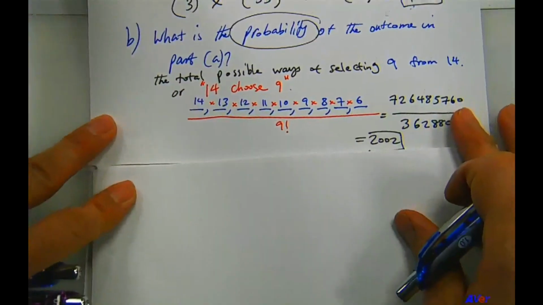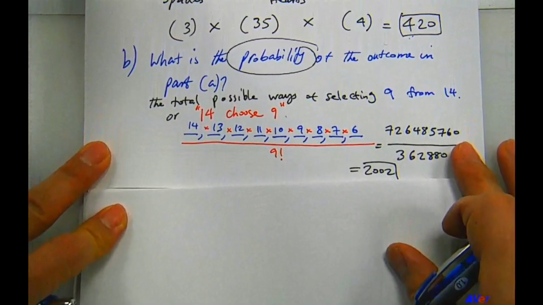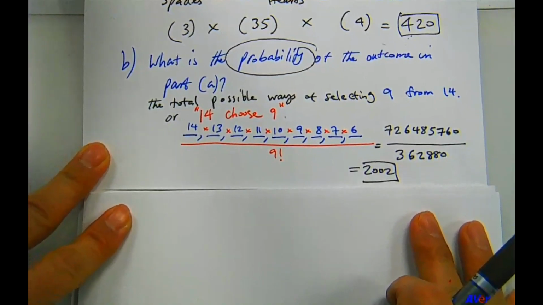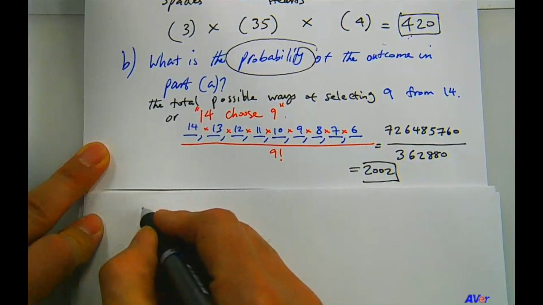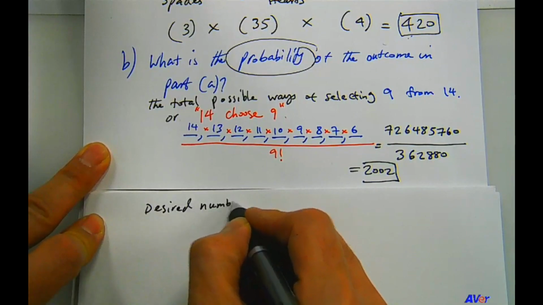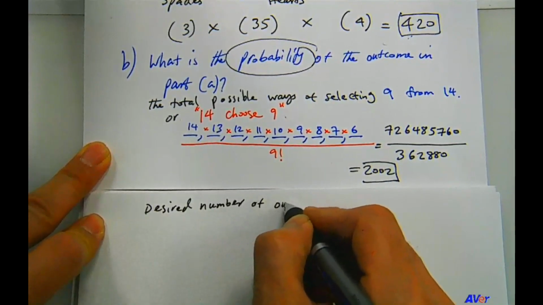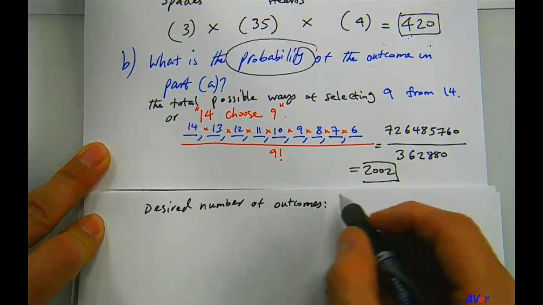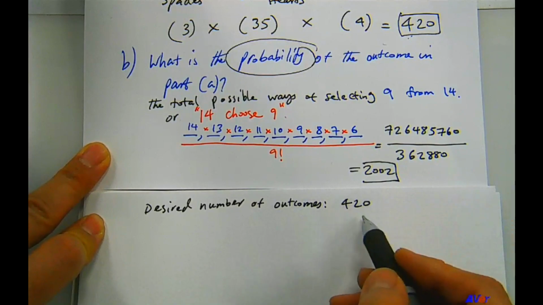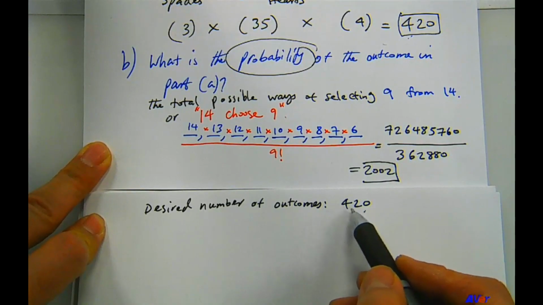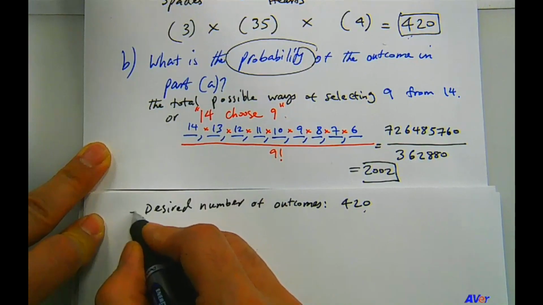So we had the desired number of outcomes. This is the 420, right? Which contains 2 spades, 4 hearts, and 3 diamonds. That's the desired outcome. So we have that.